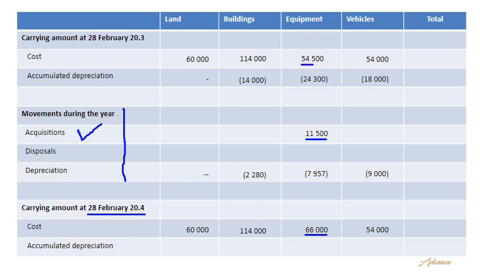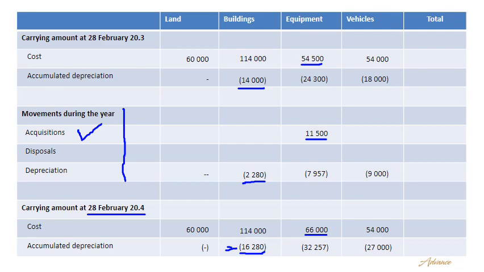So the opening balance was only 54,500. For the accumulated depreciation, I started off with 14,000 for buildings. I had 2,280 during the year, so my accumulated depreciation at the end of the year is the opening balance plus the movement for the current year to get to the closing balance. And we'll do the same for all the other assets.